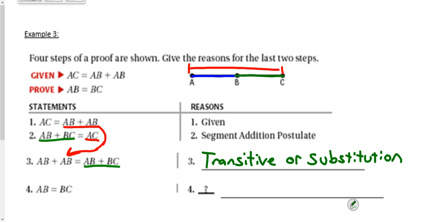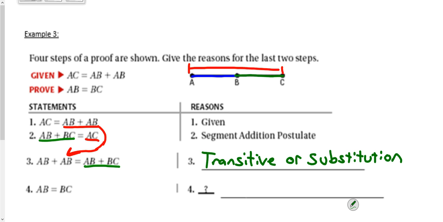And then our final statement is what we needed to prove, AB equals BC. So we're trying to prove that those two statements are equal with one another. How do we get to AB equals BC from number 3? Well, we've got AB plus AB equals AB plus BC, and we want to get to just AB equals BC.